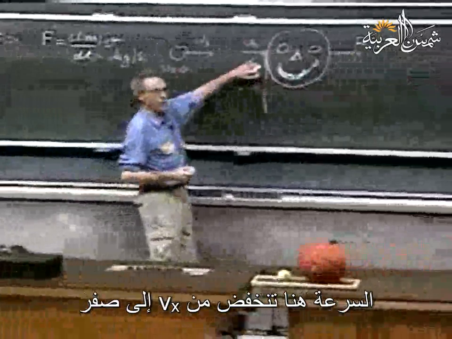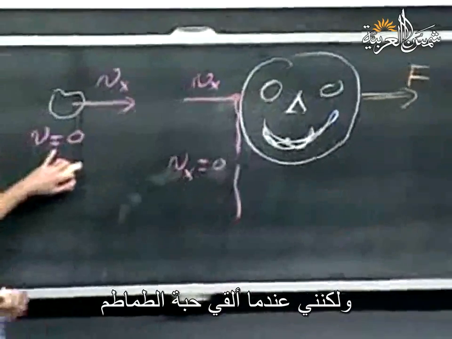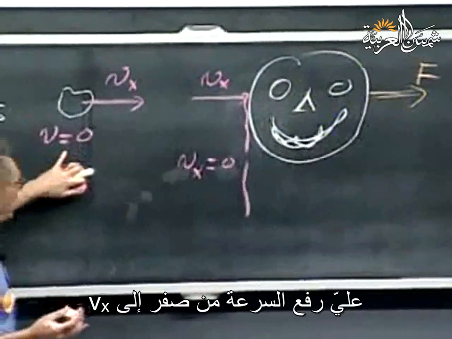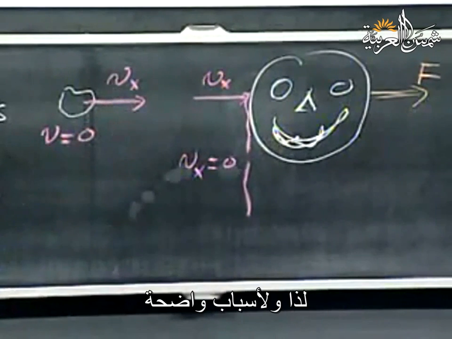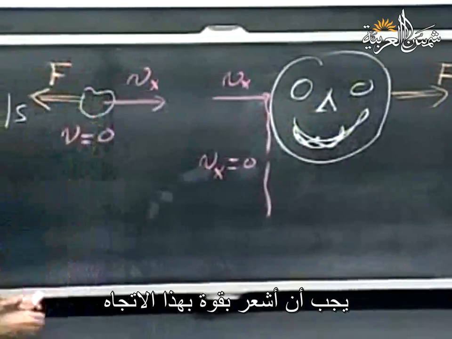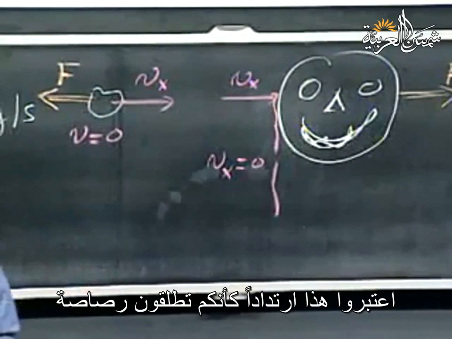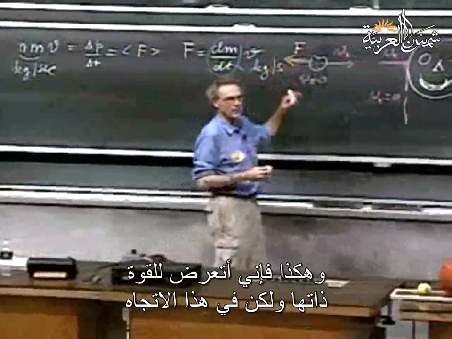Here, the velocity goes from Vx to 0. But I, throwing the tomatoes, have to increase the velocity from 0 to Vx. So for obvious reasons, I must then feel a force in this direction. Think of it as a recoil when you fire a bullet. So I experience exactly the same force, but in this direction.